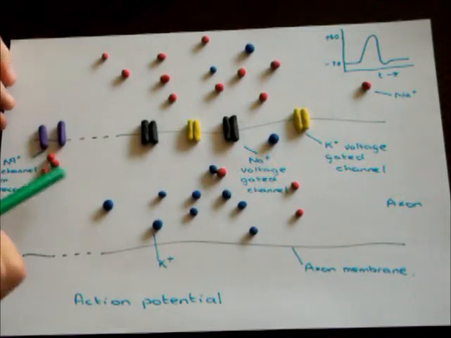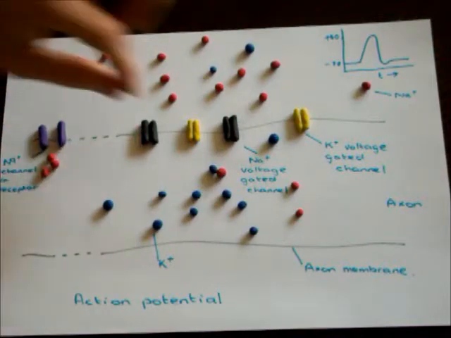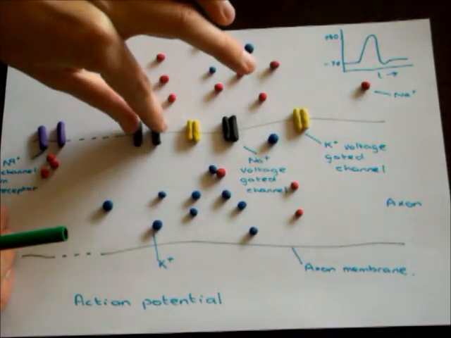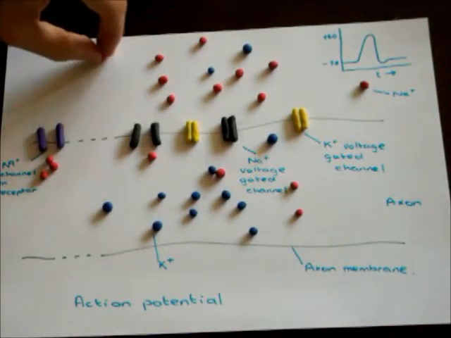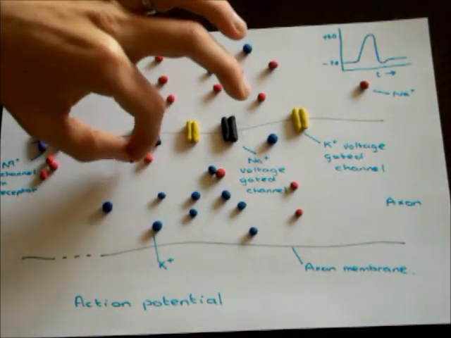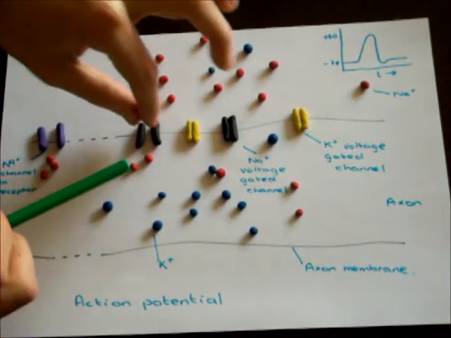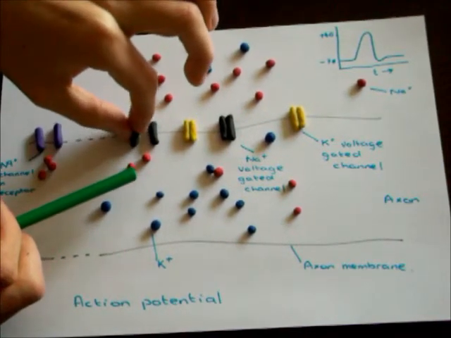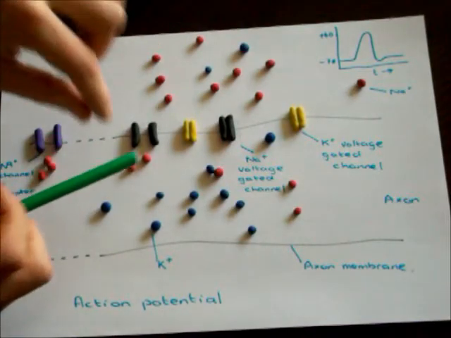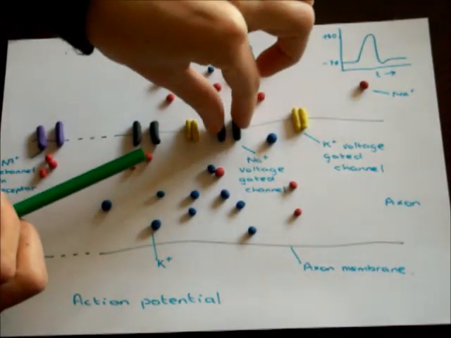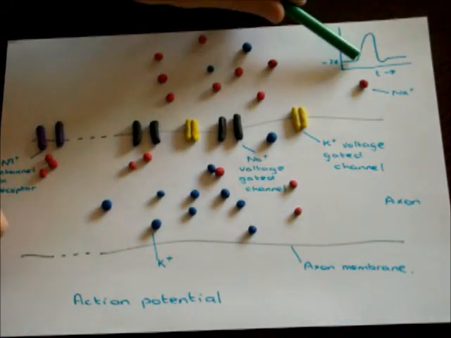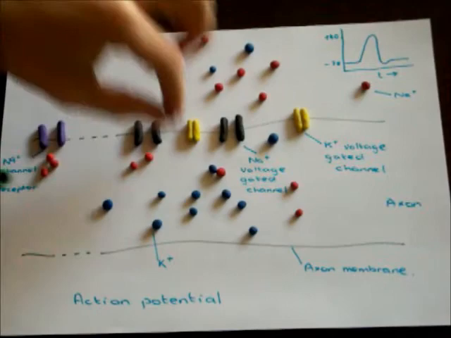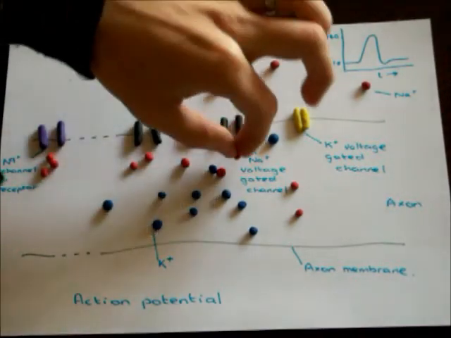This change in potential difference across the membrane means that nearby voltage-gated sodium channels open, and sodium also diffuses into the axon. If sufficient sodium diffuses in, it will cause other nearby gates to open, and if sufficient gates open, then depolarization will occur. This is called the all or nothing response.